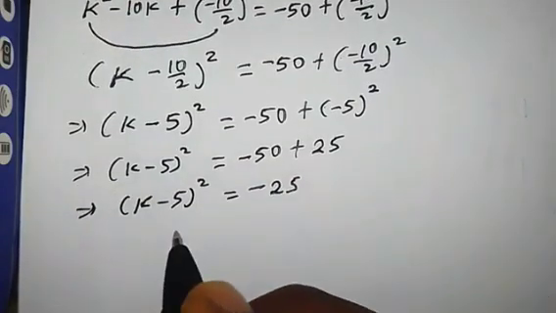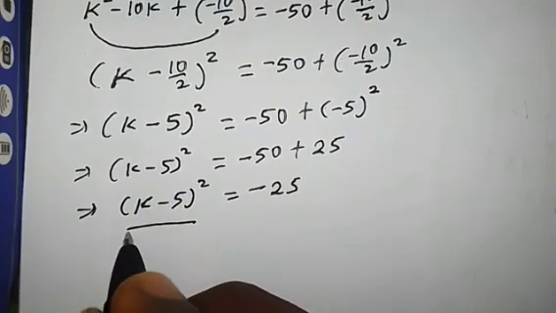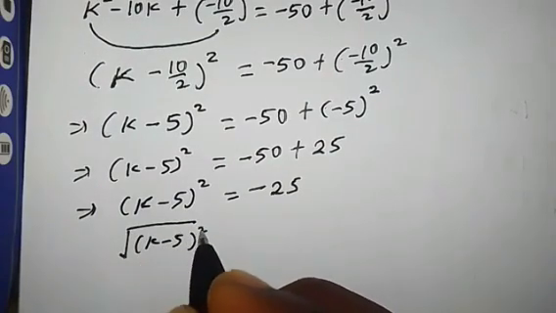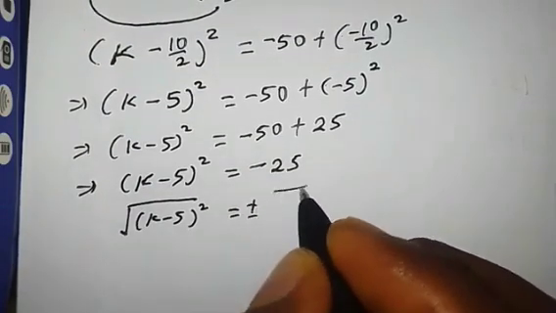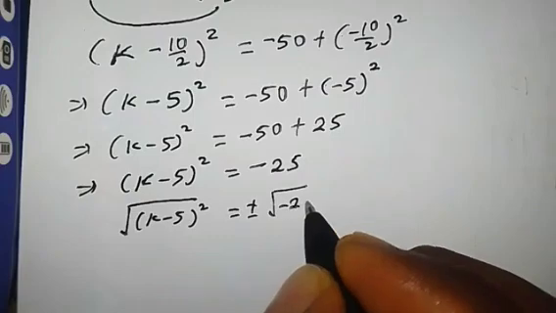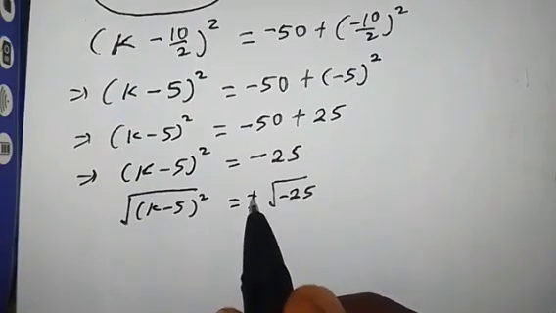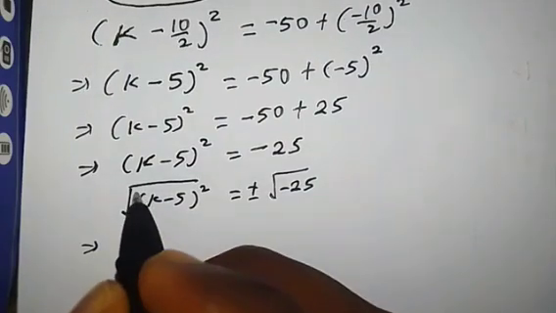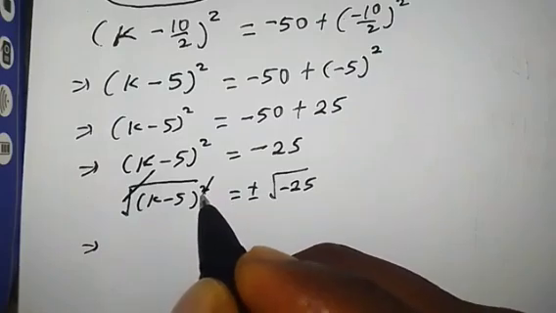Now, let us take the square root of both sides. So that will be the square root of (k minus 5) all squared equal to plus or minus the square root of minus 25. Because this is a constant, that is why we are introducing the plus or minus sign. This means that clearly this square root takes care of this square.